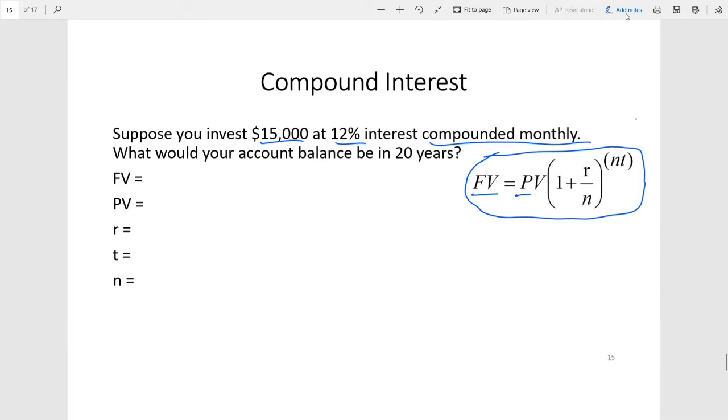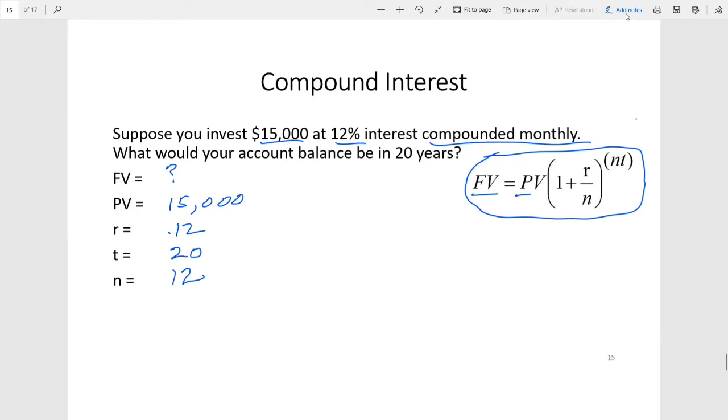So the future value is what we want to find. The present value is $15,000. The rate is 12%, which needs to be expressed as 0.12. The time is 20 years. And the compounding period is monthly, which means N is equal to 12.